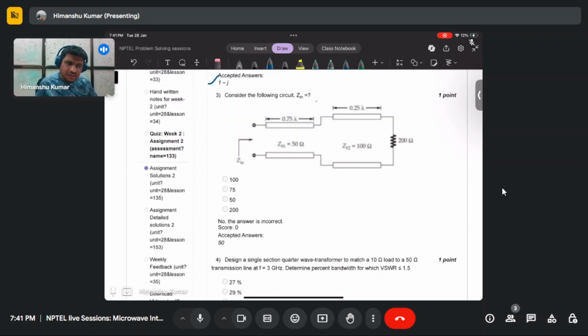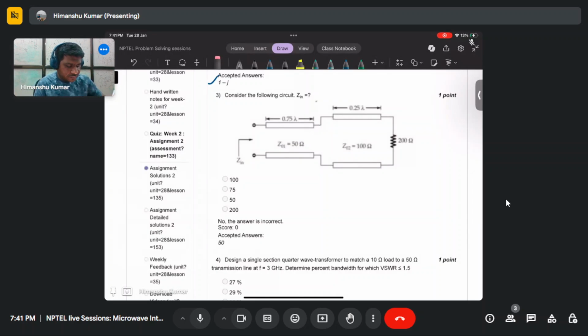What will be the impedance corresponding to this point? These are basically two section lines.